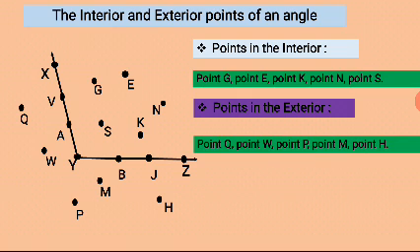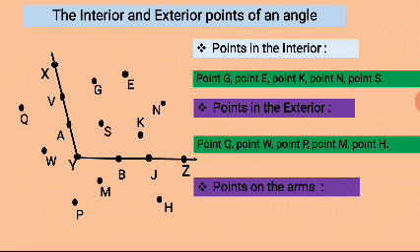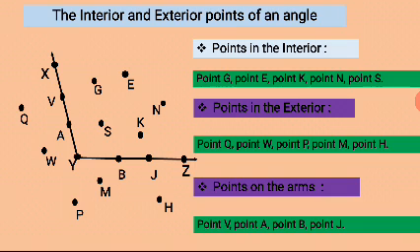And points on the arms are point V, point A, point B and point J. These are points on the arms of angle XYZ. Observe carefully.